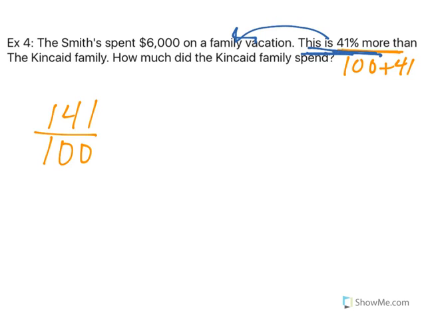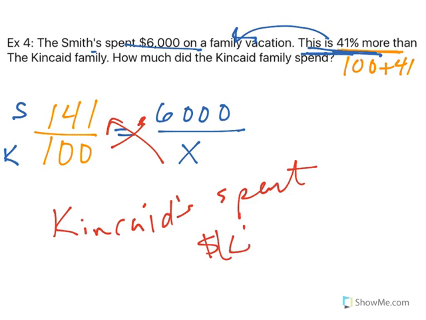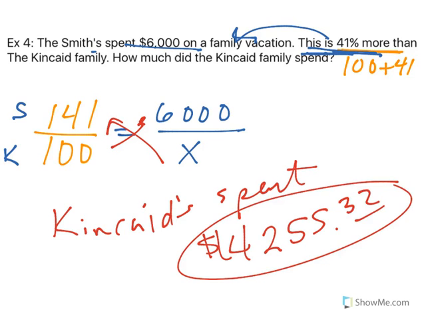So Smiths are 41% more. Kincaids are less. So the Smiths spent $6,000. That means 6,000 goes on top, X on the bottom. I cross multiply and divide. And that means the Kincaids spent, if I round to the nearest penny, $4,255.32. Roughly, the Smiths spent roughly 41% more than that.